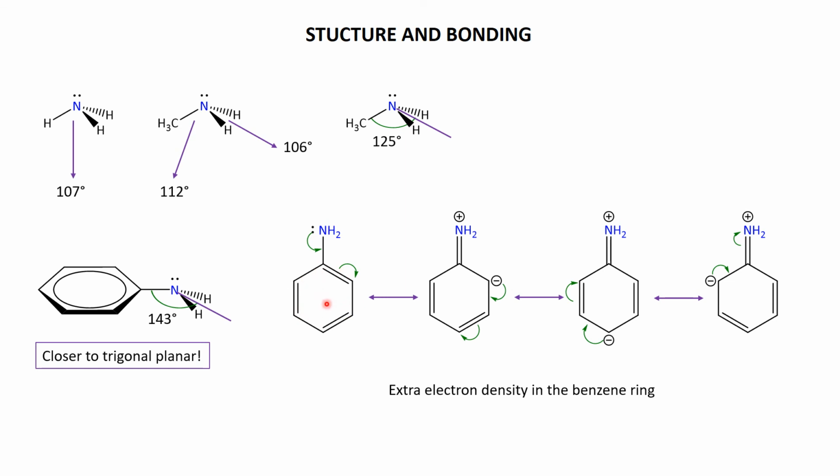It's even more attractive to electrophiles, which means that aniline is one of the most reactive aromatics. If we go back, phenol, very reactive because the oxygen has this lone pair that it can put into the ring. Aniline even more reactive because, of course, oxygen is more electronegative than nitrogen. Nitrogen is therefore more willing to share its electrons than oxygen, so aniline even more reactive than phenol.